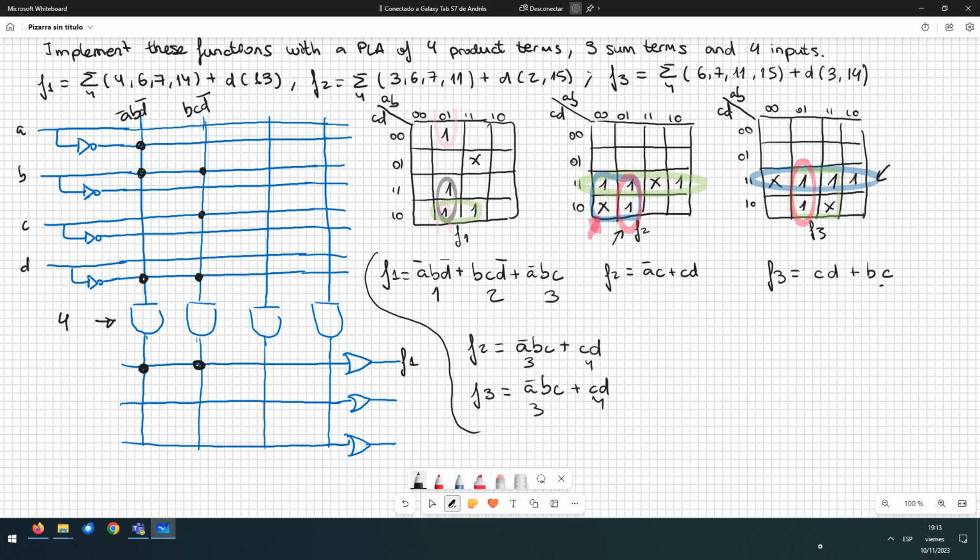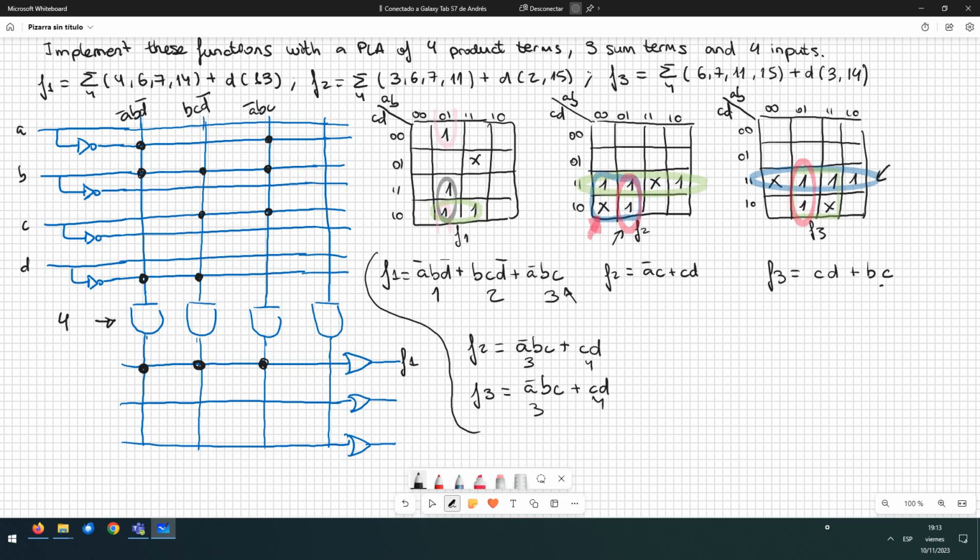So in the third product term, we are going to build this product term, A negated BC, that is the third and last product term of F1. So F1 is the sum of three product terms. So now we are going to build F2 and F3.